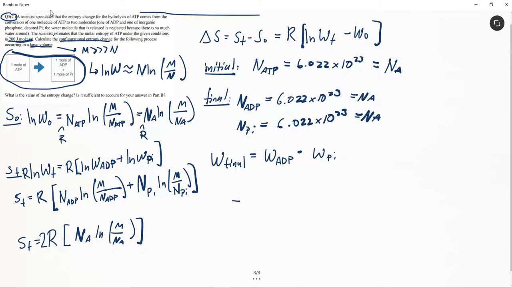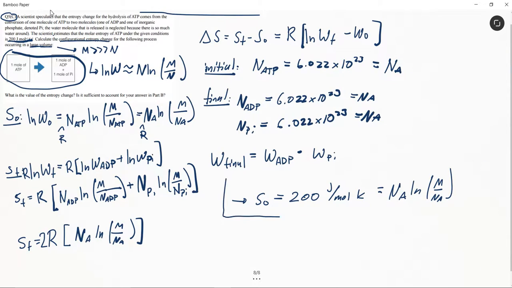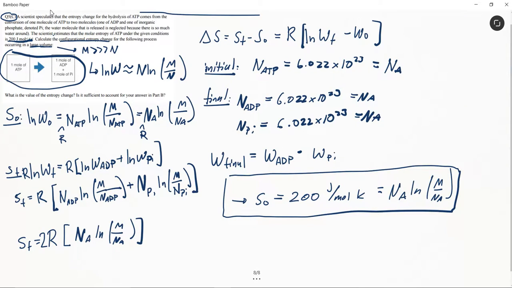So from there, we can say that S initial is equal to 200 joules per mole Kelvin, which is also equal to R Na ln(M over Na). So this is the value of the initial entropy, and then we have the final entropy.